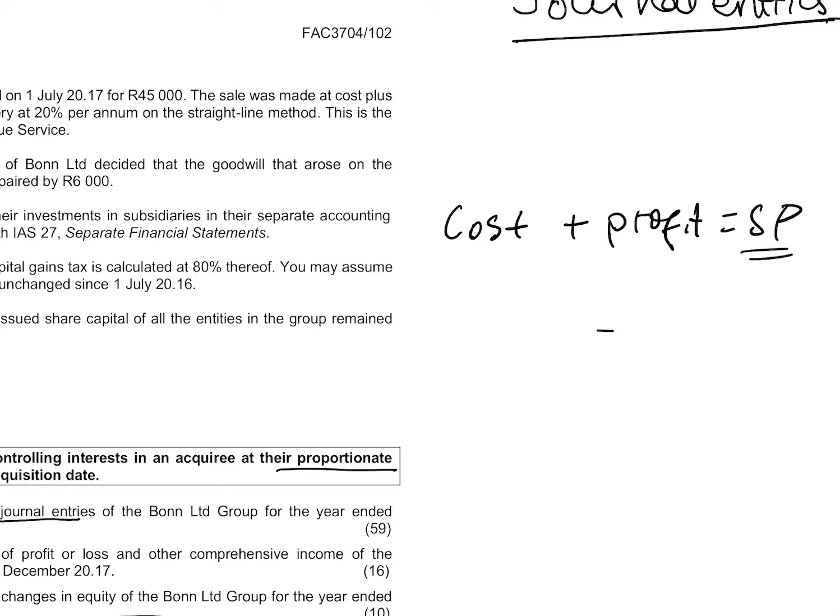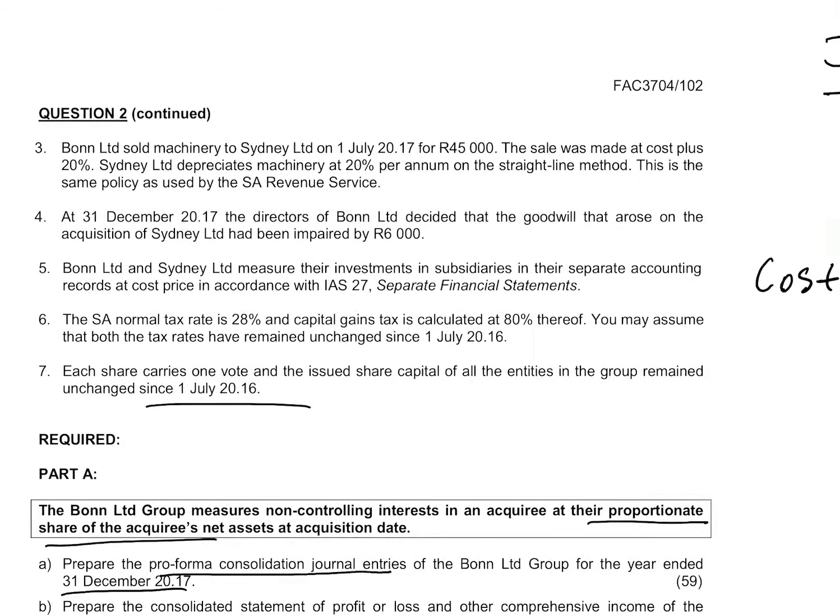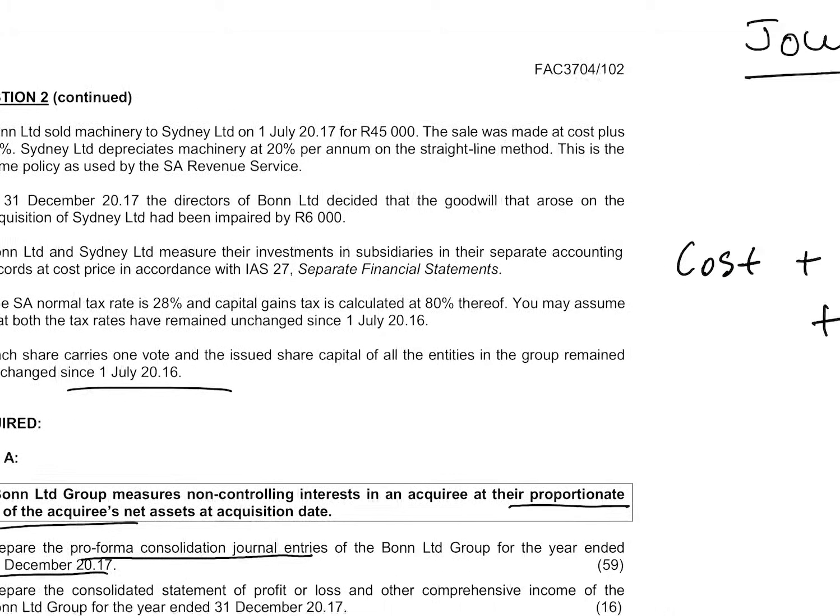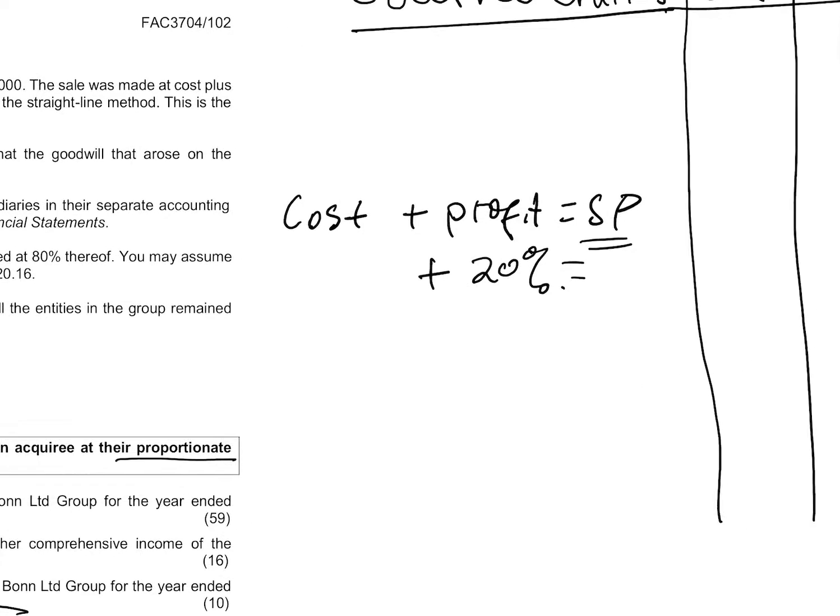And they told you that the profit is 20% of what? Are we together? The 20%, they said it is on the cost. So the cost is the one that is 100%, meaning that the selling price is going to be 120%.